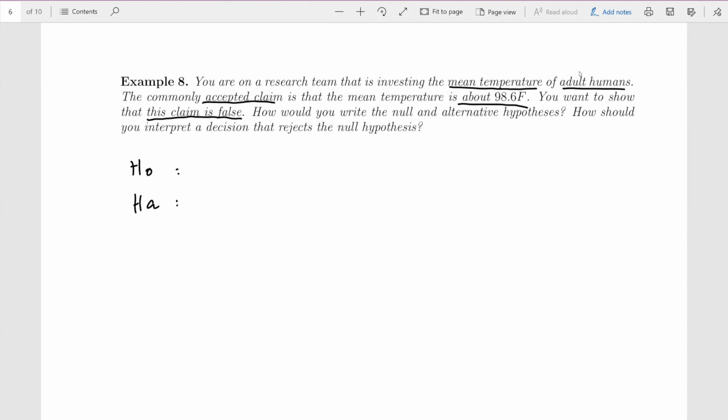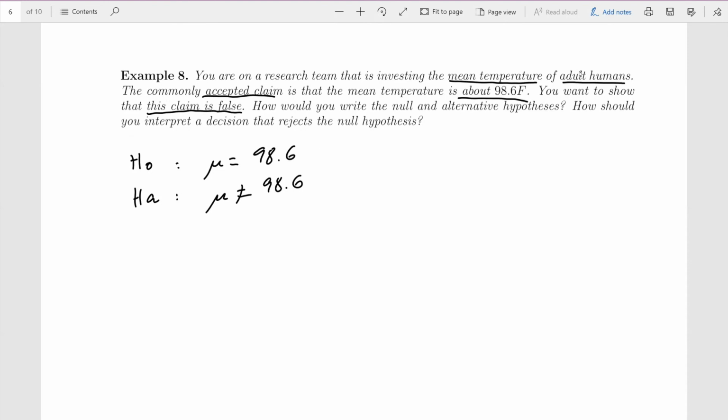The null should be mean equals 98.6 and the alternative should be different than 98.6. Okay. And this is the claim. And in this case, you do not support this claim. So this claim is a null hypothesis and you do not support it. That means you can use a hypothesis test to test this claim.